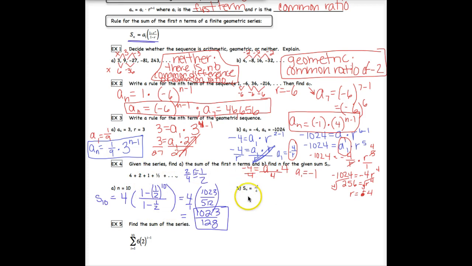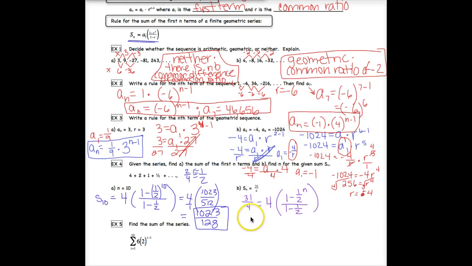All right, so in B, a little bit different because now we're given the sum and trying to find what term number it was. So sum equals, so 31 over 4 equals a sub 1, which is still 4, times 1 minus 1/2 to the n, which is what I'm solving for, I don't know that, divided by 1 minus r.